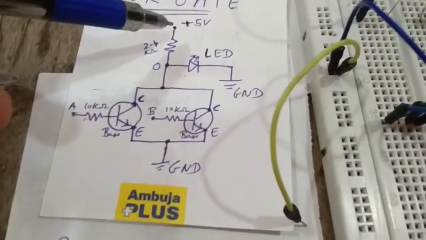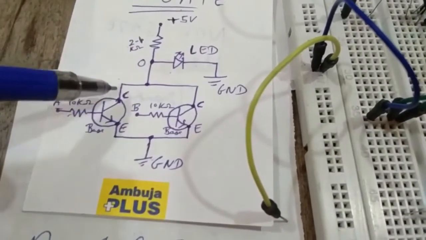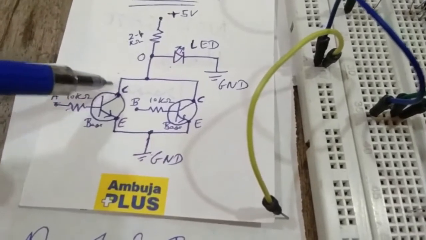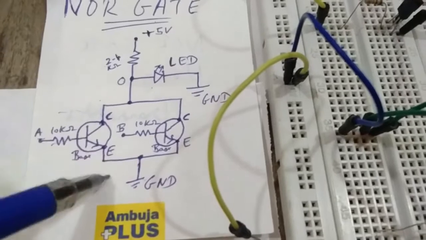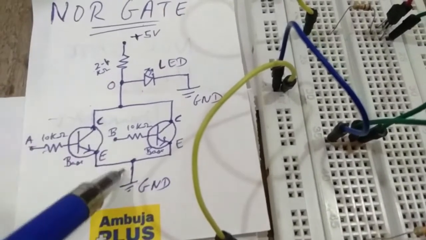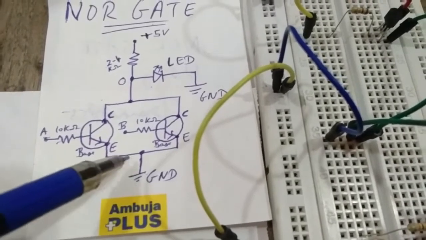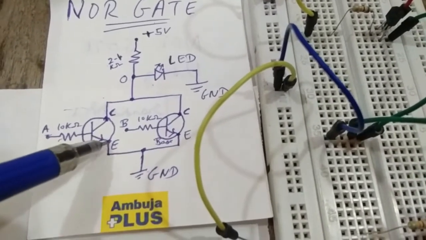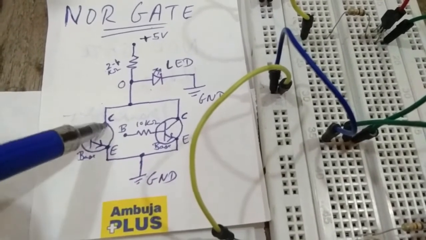Now since we have a straight line connection here, whenever the 5 volt supply is passed through this collector pin, the collector receives the current and it also passes through this emitter. But since this emitter is directly connected to the ground, whatever voltage or current it receives turns to 0, and this 0 is at the emitter, which is directly connected with the collector pin.